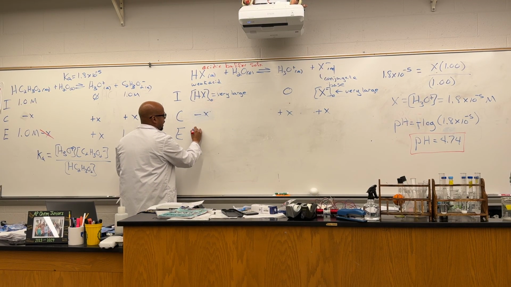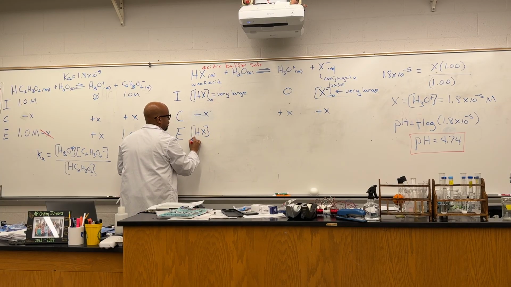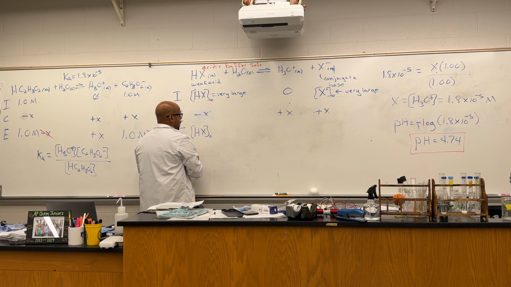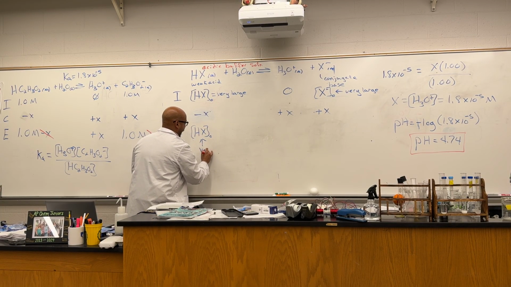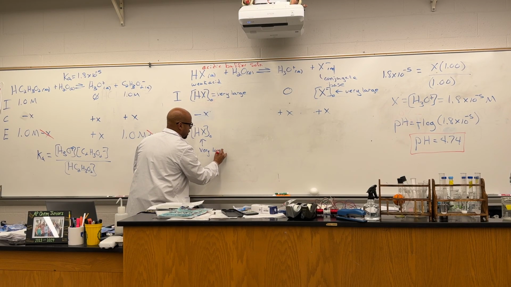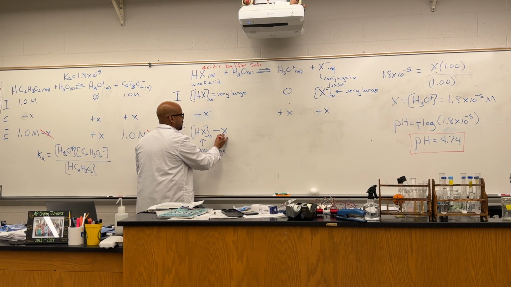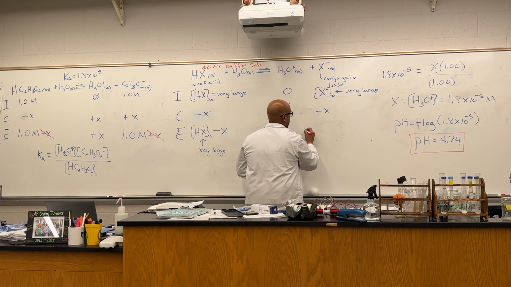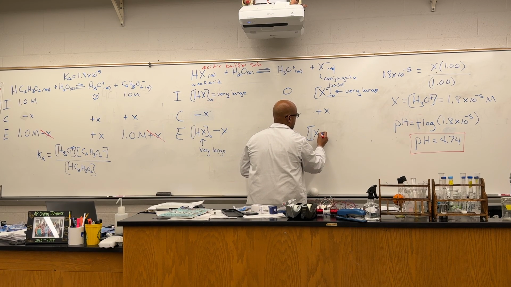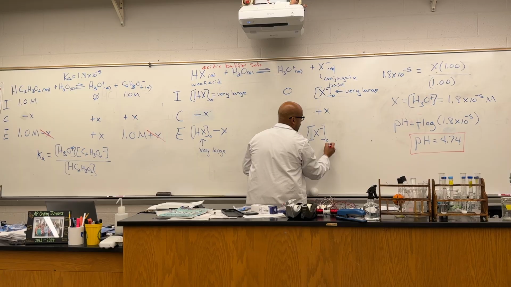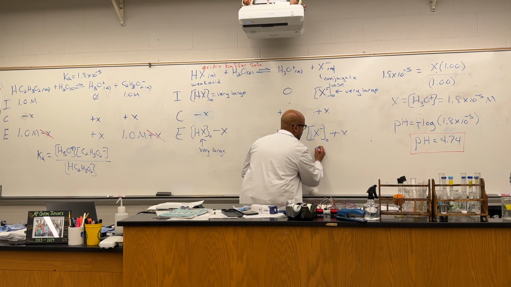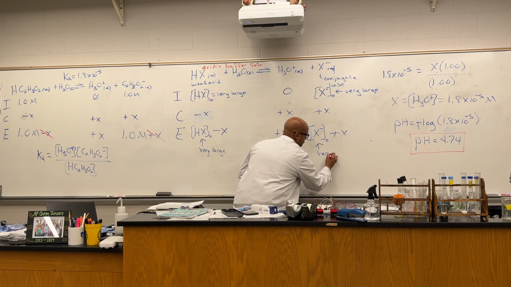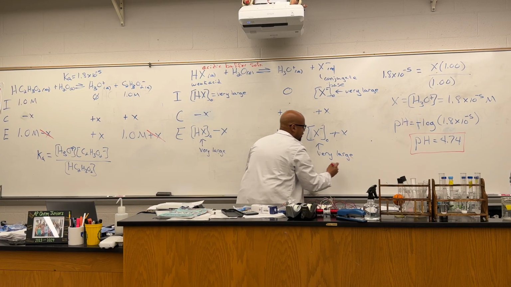Now I'm going here and saying HX, initial. Once again, very large. Minus the X. Here I got plus X, then I got the concentration of X minus, the conjugate base, initial, once again, plus X. And this is very large.